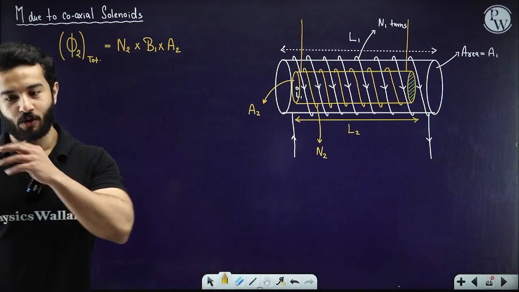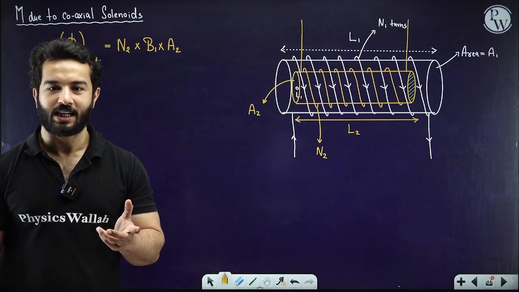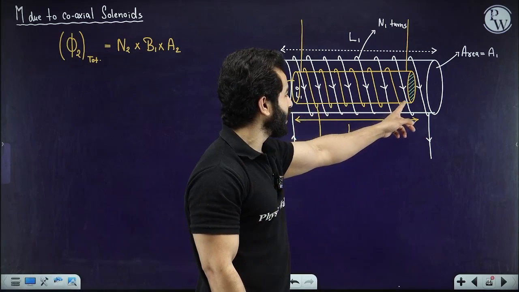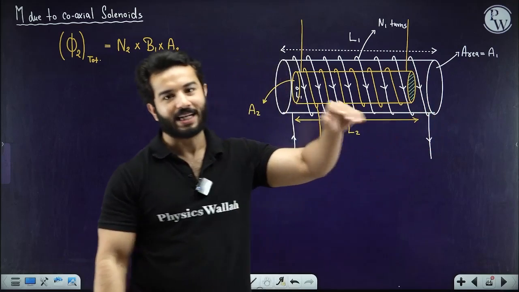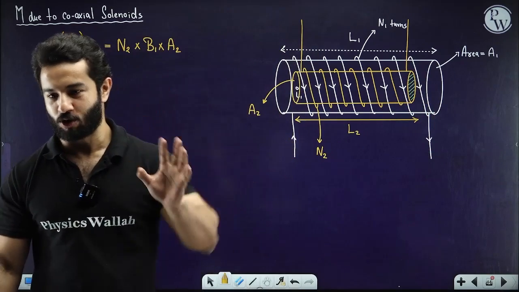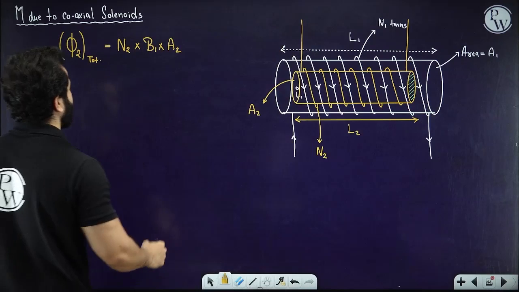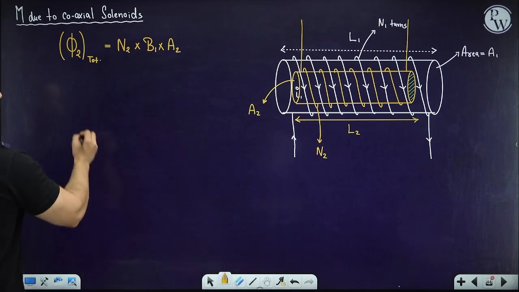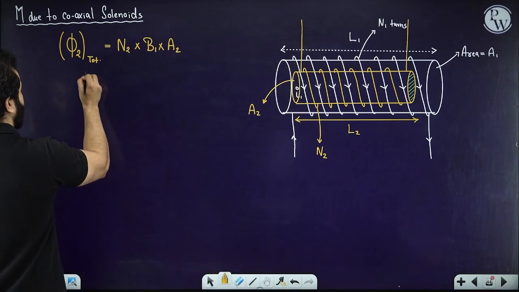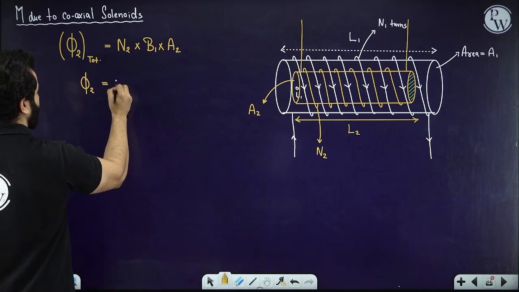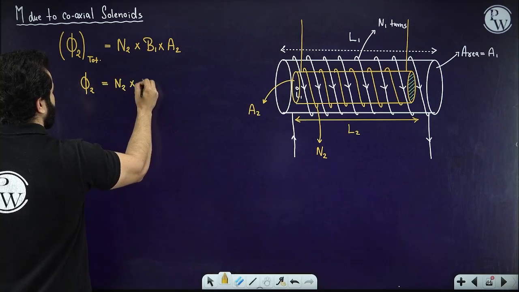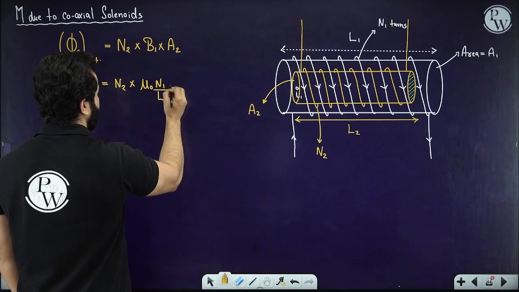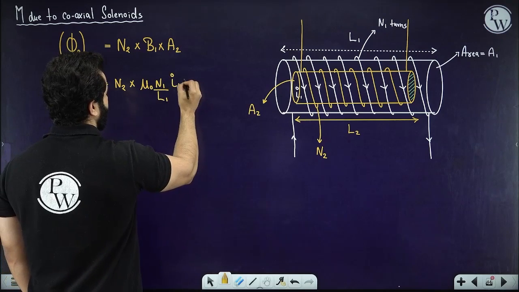Hopefully everything is clear. Or you can change it. You can also say, okay sir, now current is flowing in the inner coil, and I am finding the magnetic flux in the first one. That is also good, no problem with that as well, right? So this will be something like, hopefully everything is clear, phi 2 total is equal to N2, and B2 is going to be mu naught into total number of turns N1 divided by L1 into I1 into area A2.